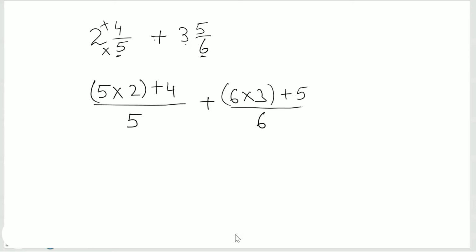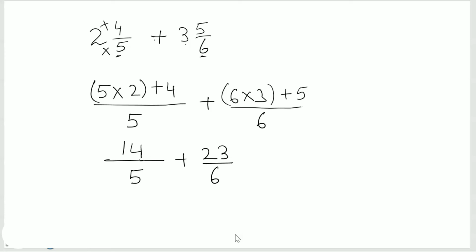So this would be 5 times 2, 10. 10 plus 4, 14. 14 over 5 plus 18 plus 5, that's 23. 23 divided by 6. Now I have got two improper fractions, but the denominator is different. So the rule is we have to make the denominator same, and for that we have to find the LCM.